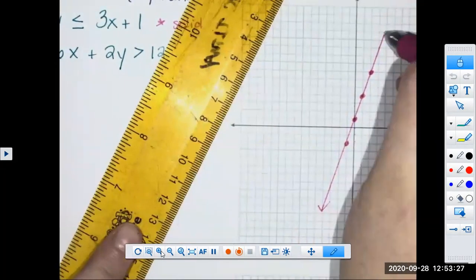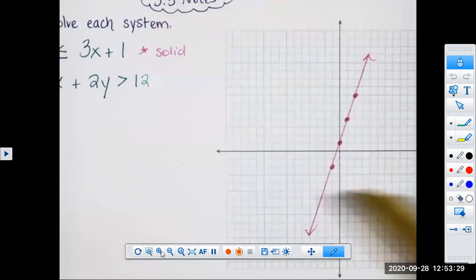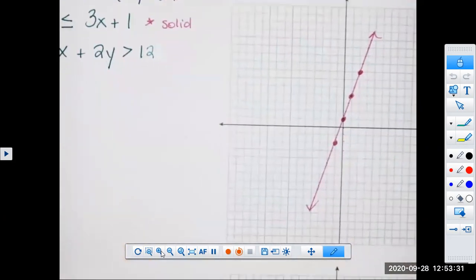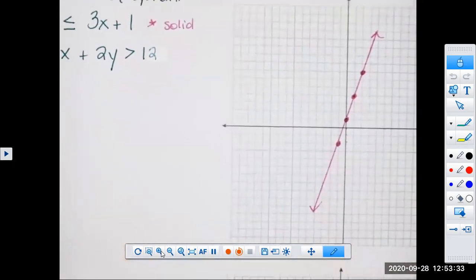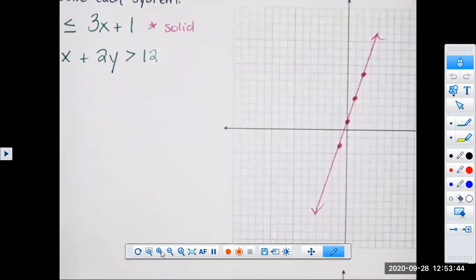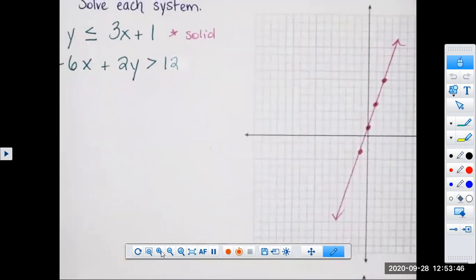Draw your lines spanning across your coordinate plane so that when we shade in a minute, you can see it easily. Okay, where would you shade? Yes, to the right or down.